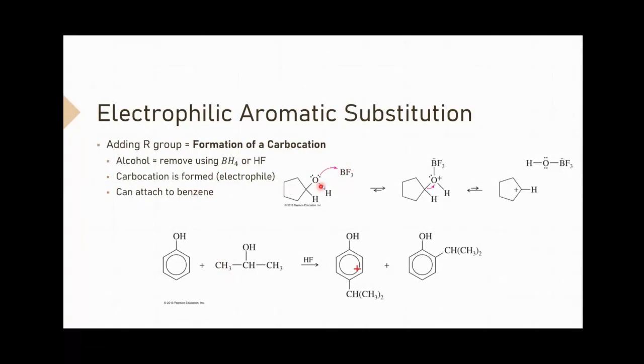So I can make a reagent a good electrophile if it has an alcohol: I can remove this alcohol group to get a carbocation and attach it to the ring.